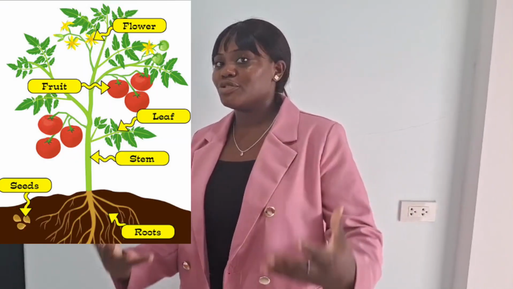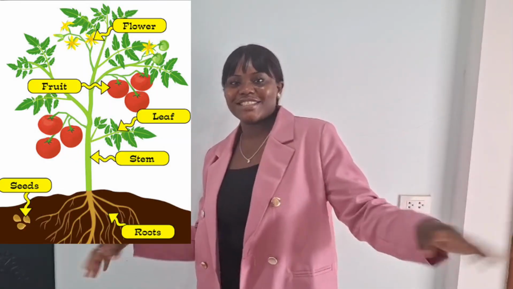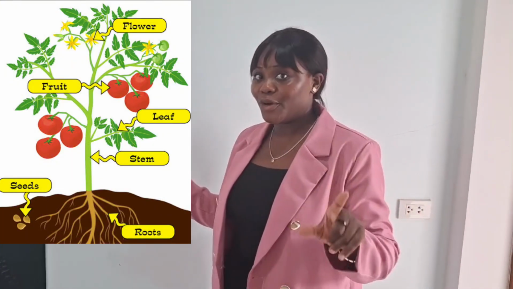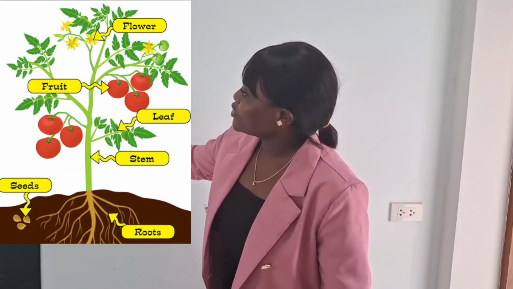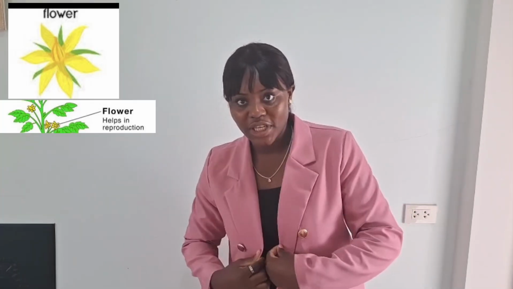Good. When the leaves consume this energy that were produced, the entire plant flourishes. Happy plant. You can see the plant glowing, right? It produces flowers. The flower's function is for pollination and reproduction.